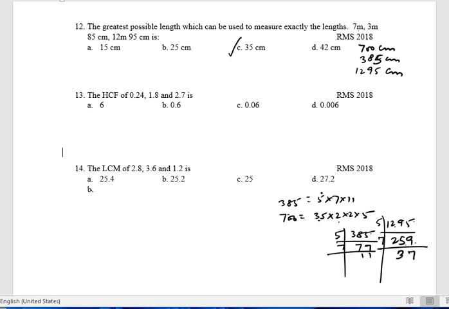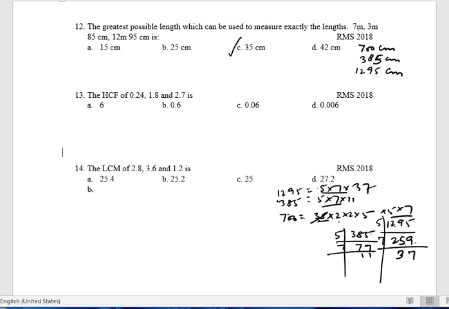This is a prime number, so 1295 can be written as 5 into 7 into 37. So common is 5 7. This can also be written as 5 into 7. So the common answer is 35.